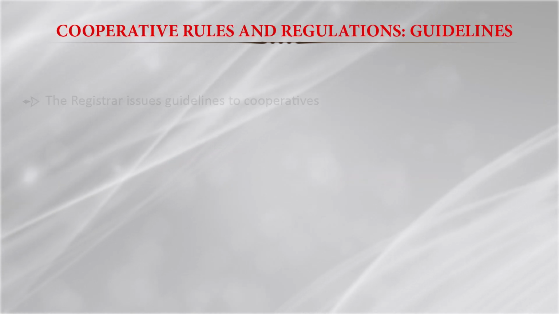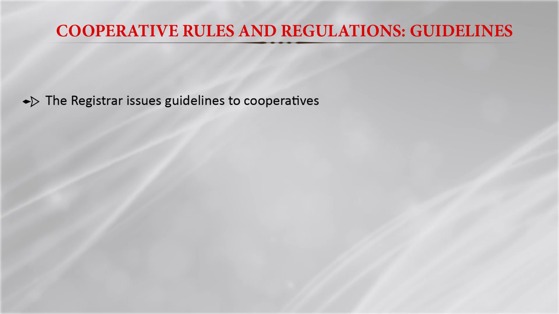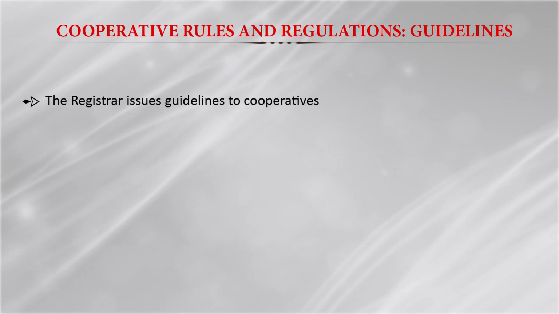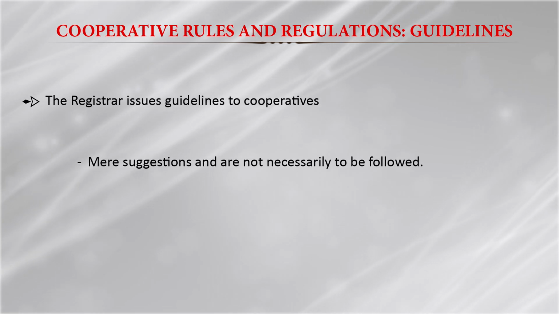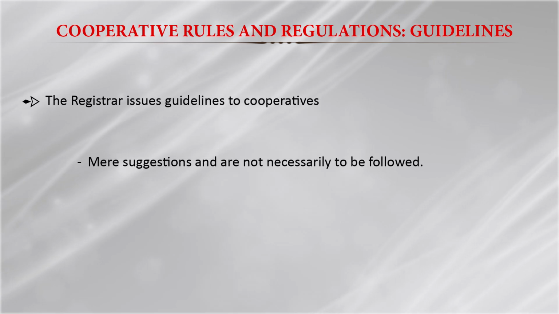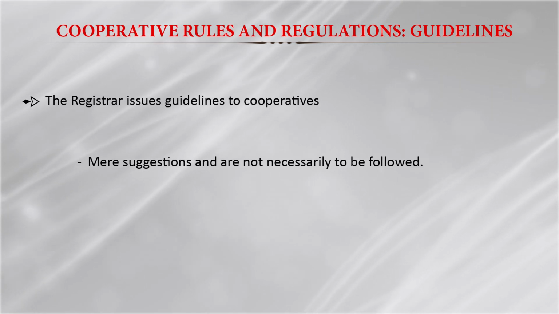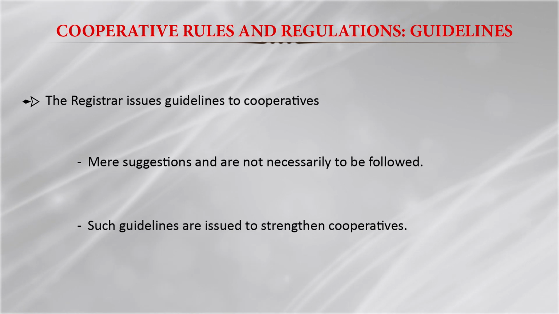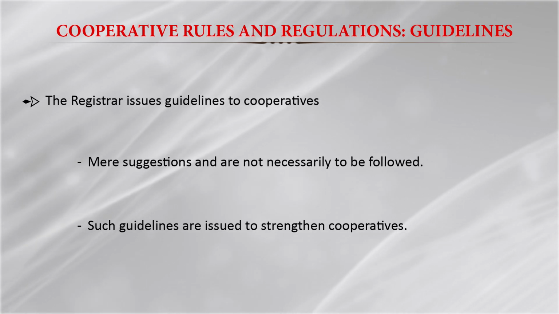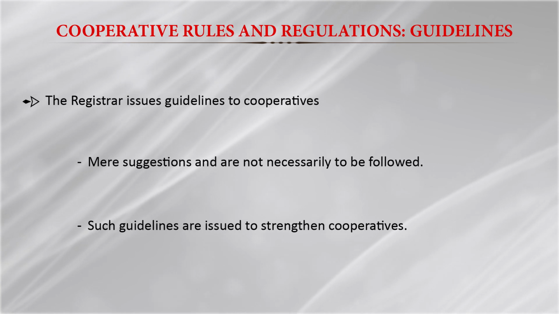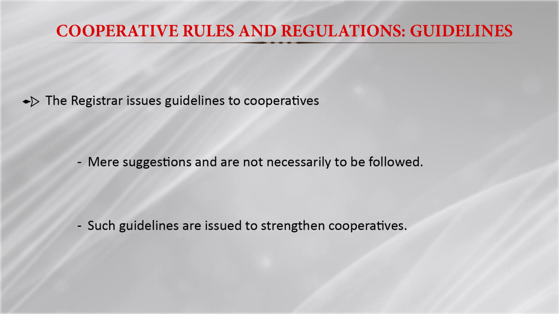And actually the registrar also issues guidelines time to time to the cooperative society. And basically these guidelines are only suggestions, and not necessary to be followed. And the purpose of such guidelines is to strengthen the cooperative society, improve their functioning, so that they can produce better results.